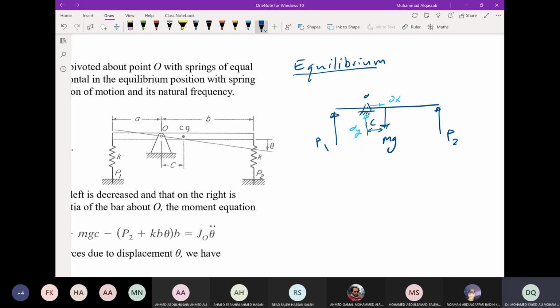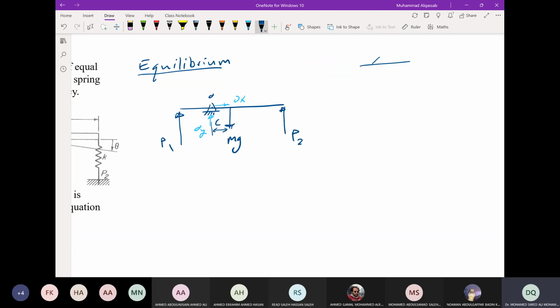With this assumption, we have no information about the values of P1 and P2, or whether the springs are under tension or compression. As you know, with the spring-mass system, the equilibrium position will cancel the weight. So we don't put W in the equation of motion, so that k delta equals mg.